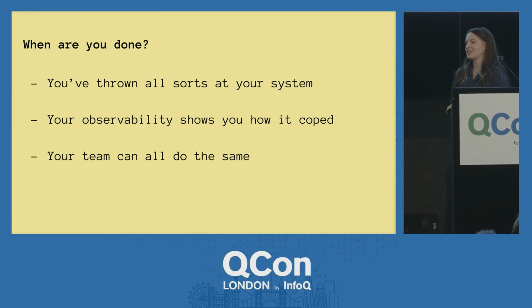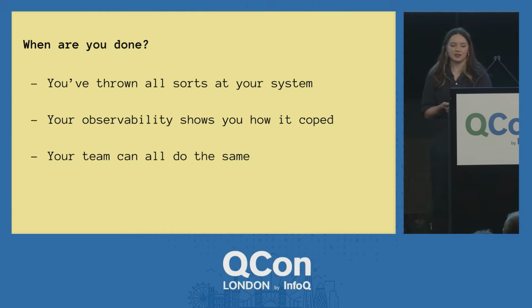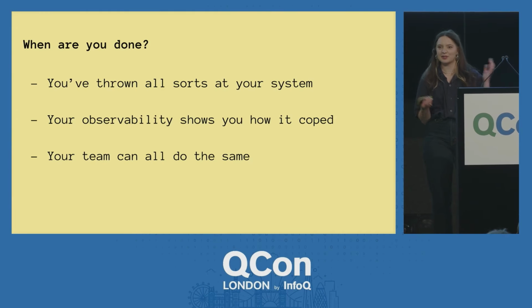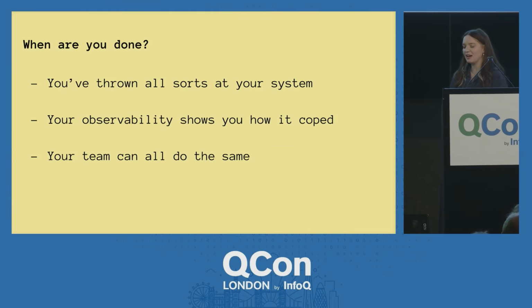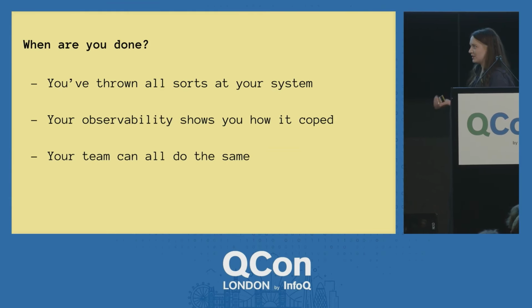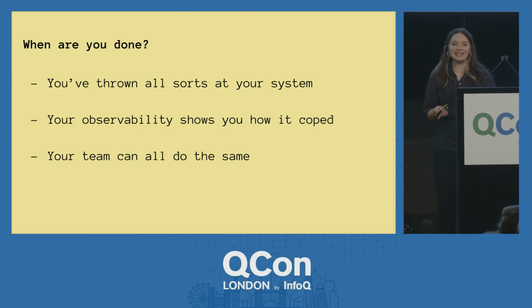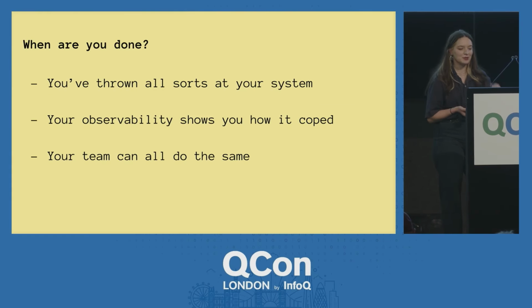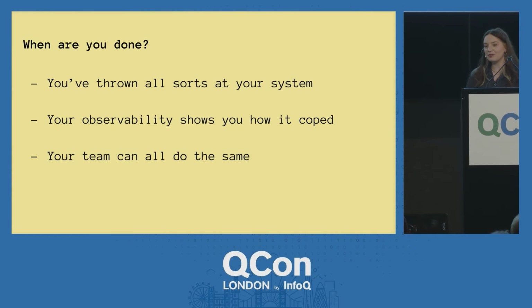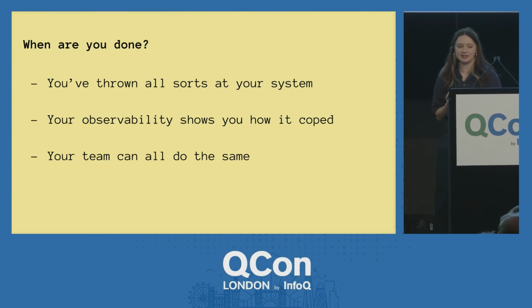There are a few things that should tell you it's time to trust your system and your observability. You've probably thrown all sorts of things at your system. You've known exactly how it's coped every time and the impact on your users. And the really key thing is that your team can all do the same, and you feel really confident that they'd handle this in a real incident.